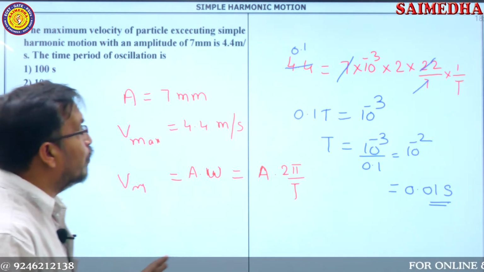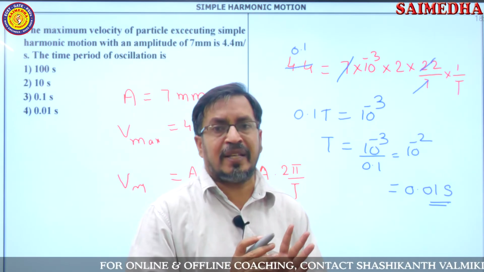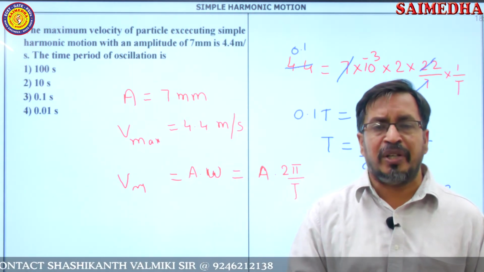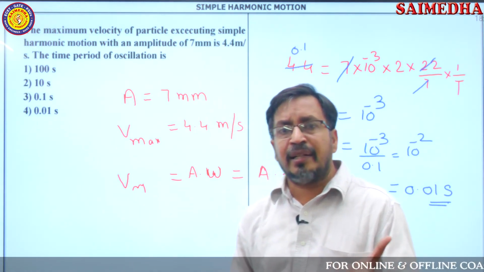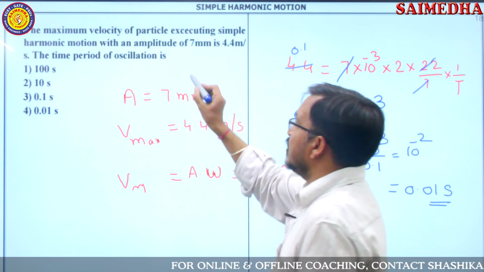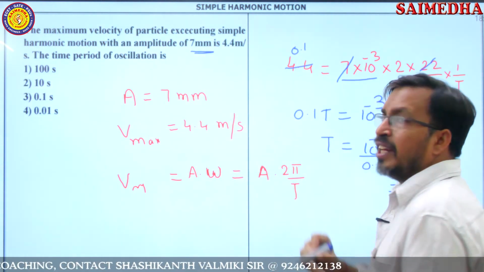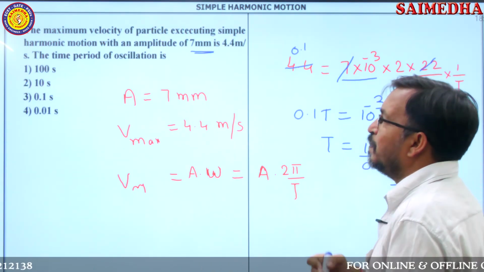So, the formula is simple, but here the simplification is somewhat complex. He has given only maximum velocity and amplitude, but is asking the time period. Amplitude is given in millimeters, that is why I am writing 7 into 10 power minus 3, and velocity is given as 4.4 meters per second.